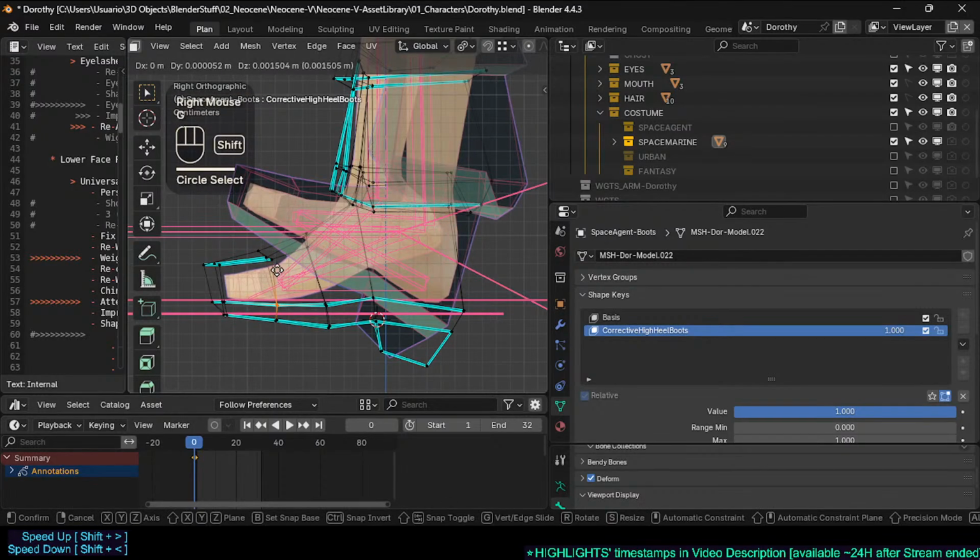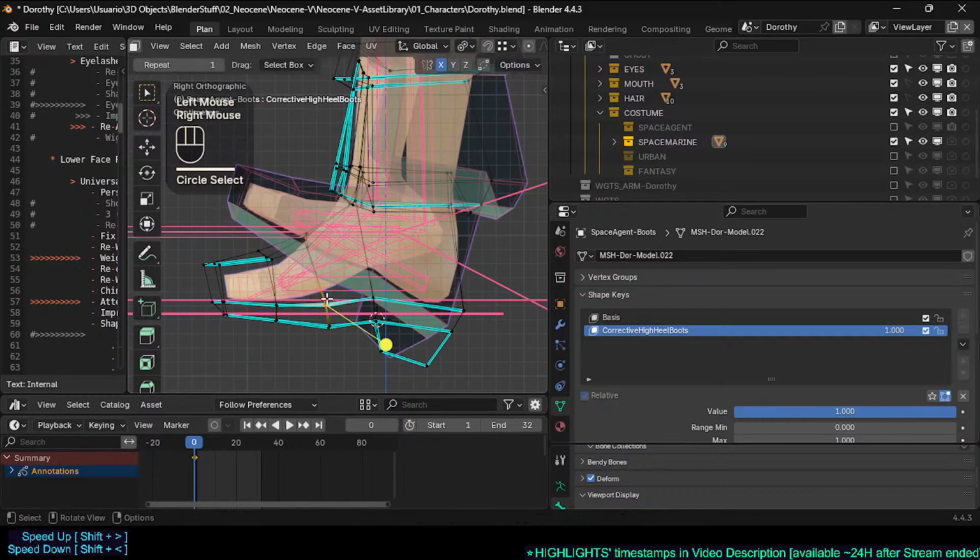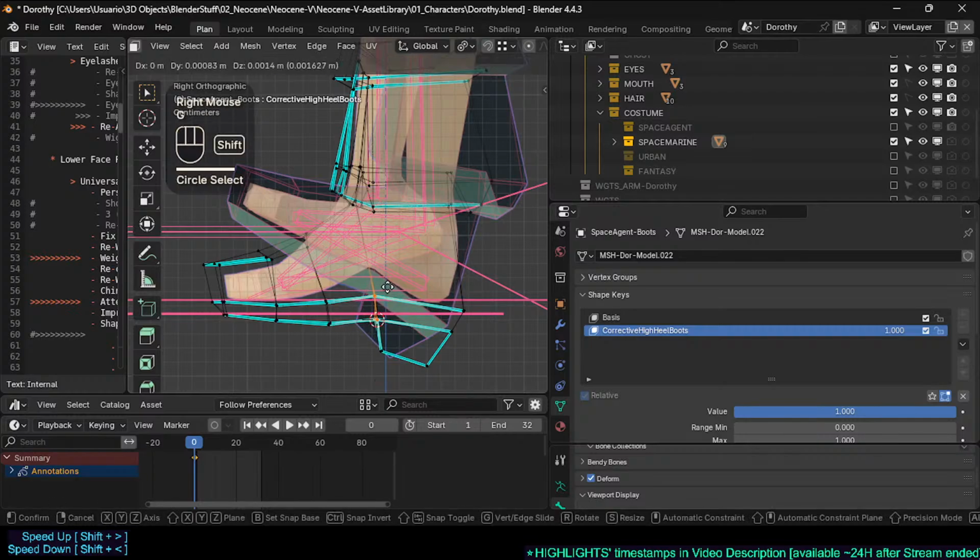I have to align it here. But what does that mean to the other poses, right?